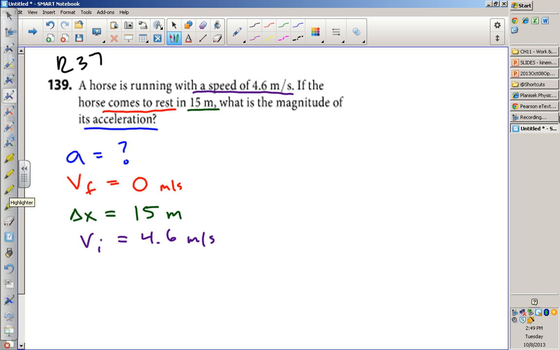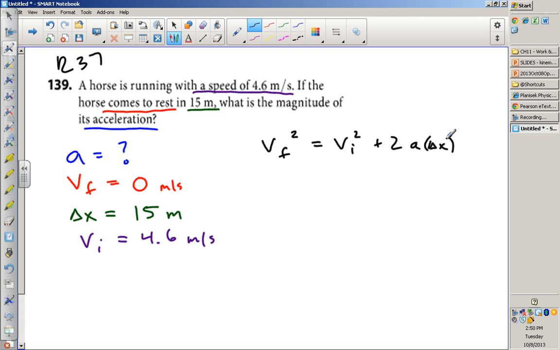The one that fits looks like this: Vf squared equals Vi squared plus 2 times A times delta X.